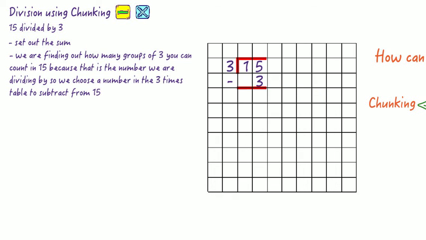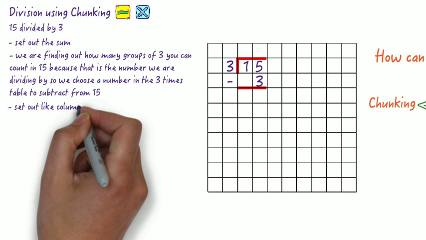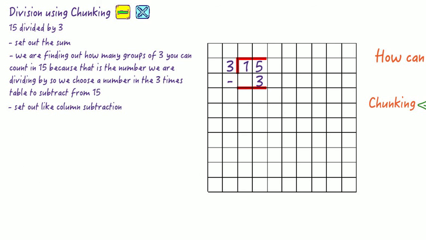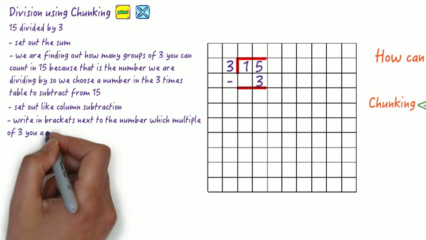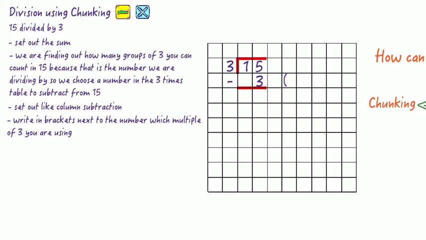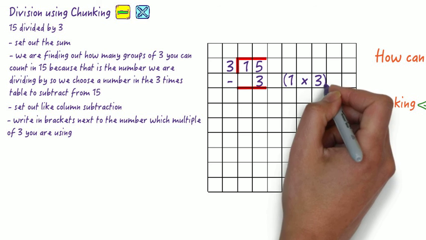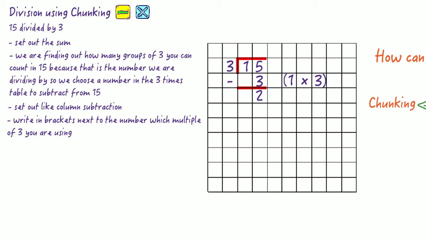Do it just like column subtraction. In brackets next to the multiple you've used, write what the multiple is. So 1 times 3. We know that 15 take away 3 is 12. We then keep subtracting multiples of 3 until there's nothing left.